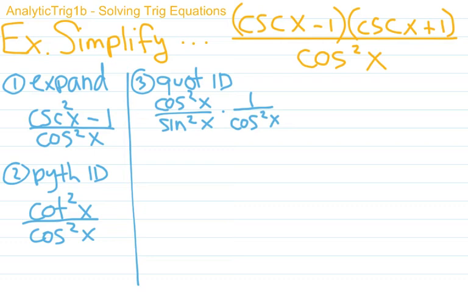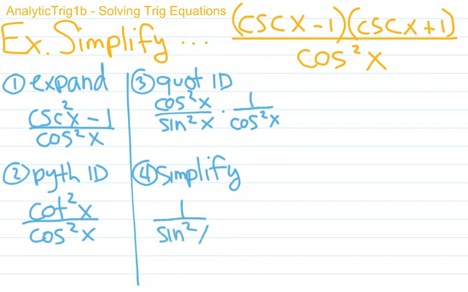So it's a little bit more practical in that sense. So that 4th step I'm just going to call simplify. And maybe I'll cross that off in the previous step, but I think it's more powerful if we say what we're doing and then write down the result. So 1 over sine squared x is the result of canceling those cosine squareds.